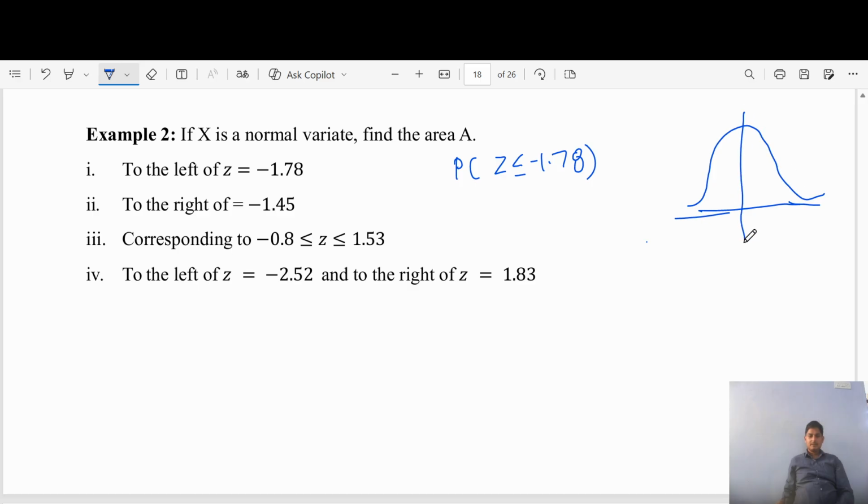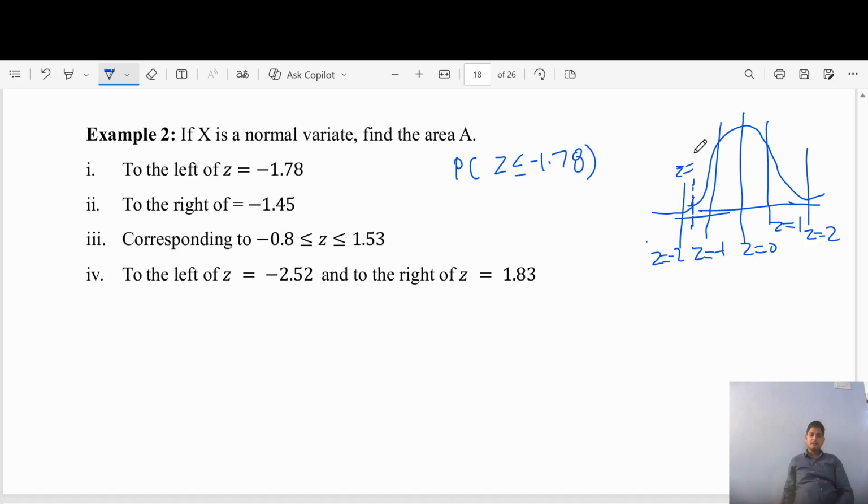So here the middle is 0, Z is equal to 0, Z is equal to 1, Z is equal to 2. Here Z is equal to -1, Z is equal to -2. So Z is -1.78 means I think there is a point here.